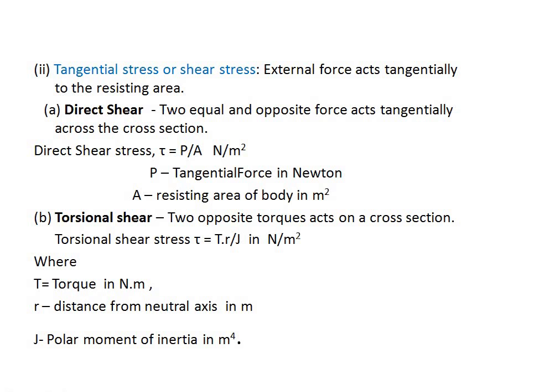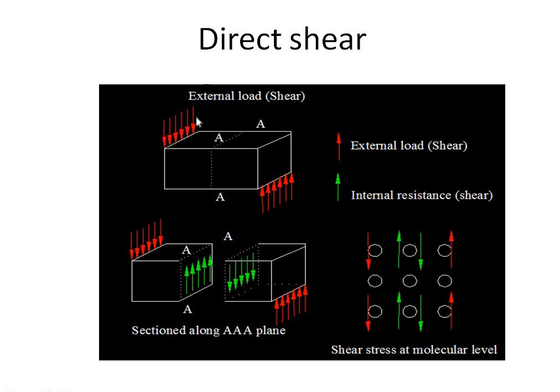Right now, we can move on to the next. We can have a diagram showing the direct shear and torsional shear. See here, let us assume this to be a rectangular block, and to this cross-sectional area, the shear load or shear forces act tangentially, right?